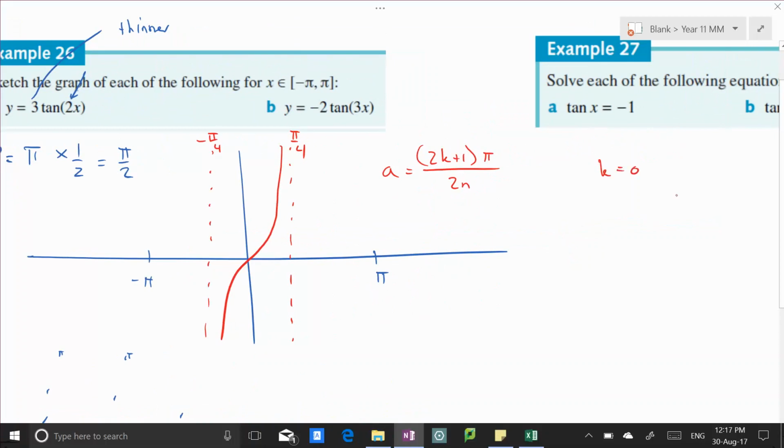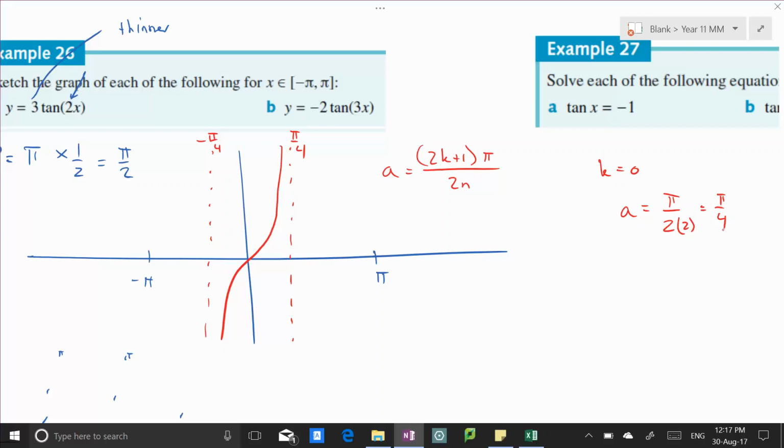So if k equals 0, you get an asymptote at pi on 2 times n, and now my n is 2, so it's pi on 4. See what I'm doing? n is 2, k is 0, 0 times 2 is 0, 1 times pi is pi, over 2 times 2, pi on 4, which is true.